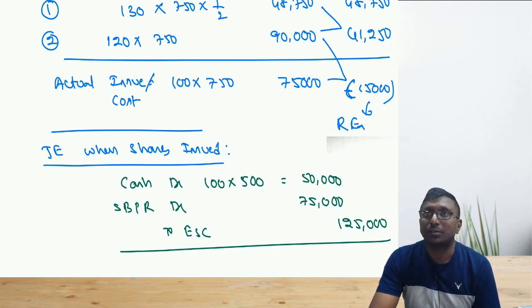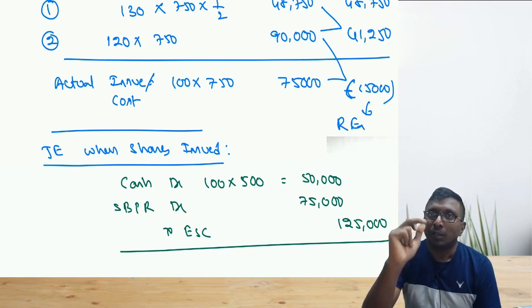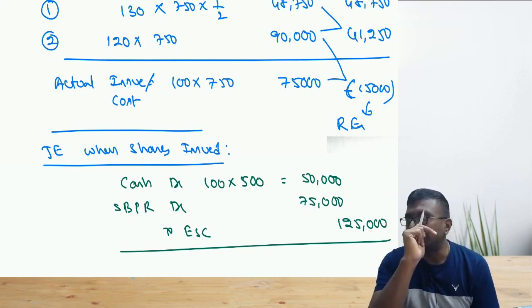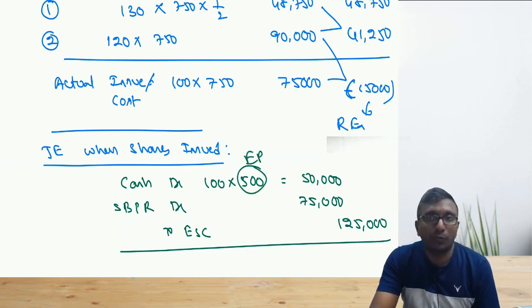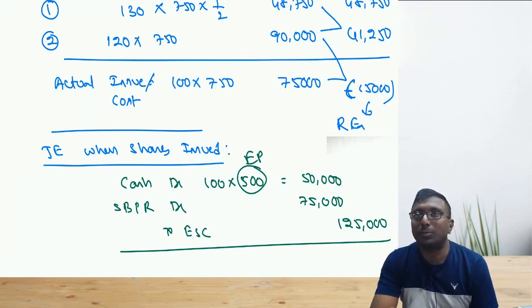Exercise price reduction: not fair market value. Suppose they are asking 500 rupees as the exercise price; now the exercise price is reduced to 400. Then you consider only that modification happened, not the other modification.